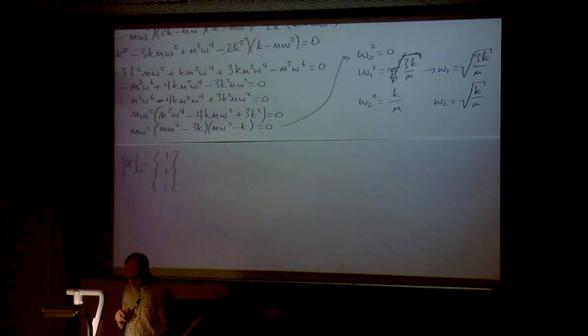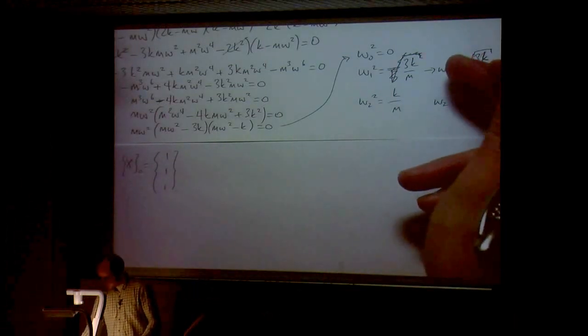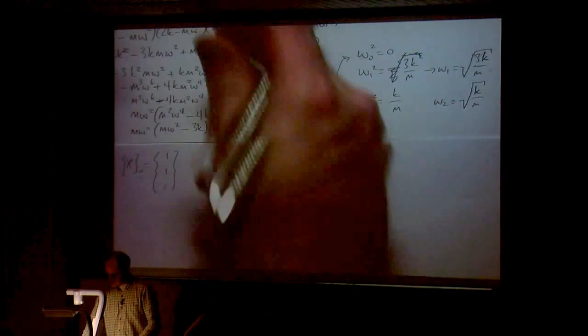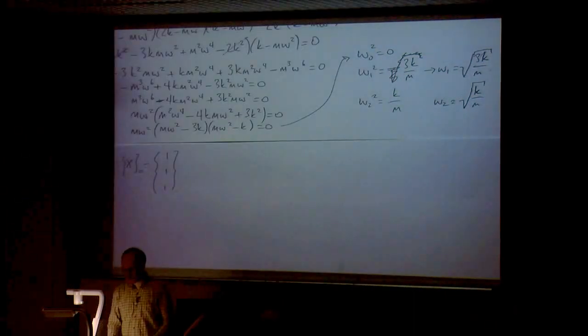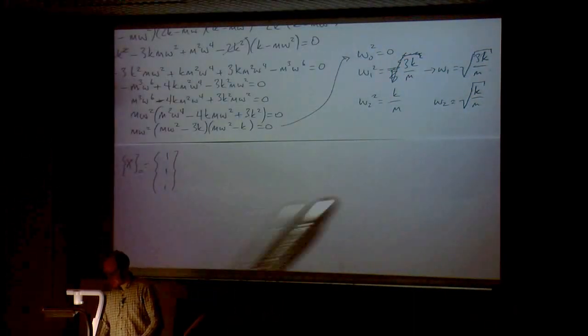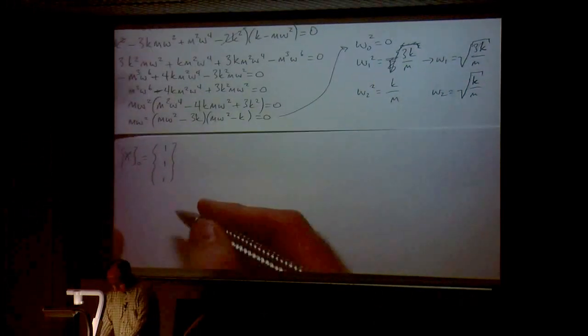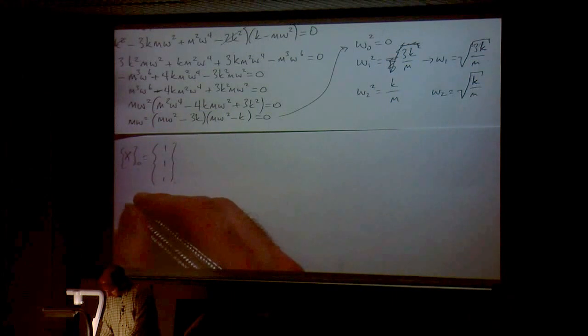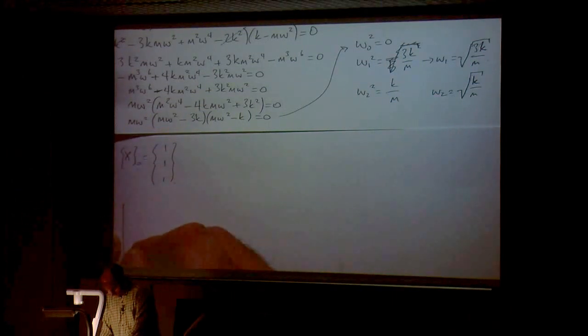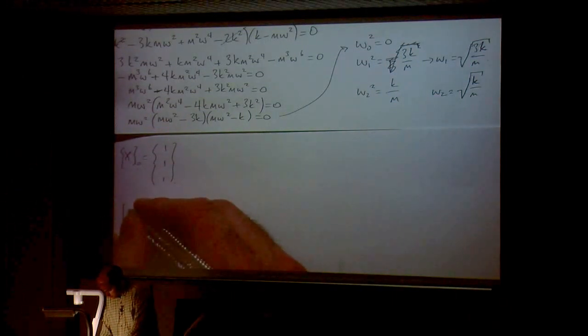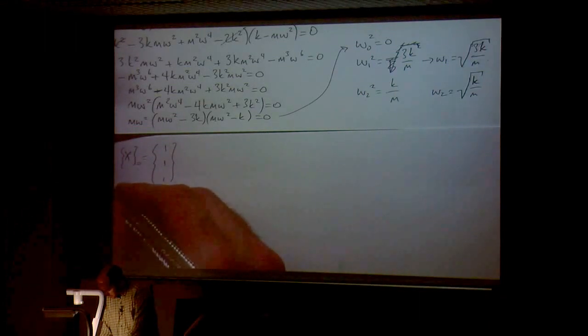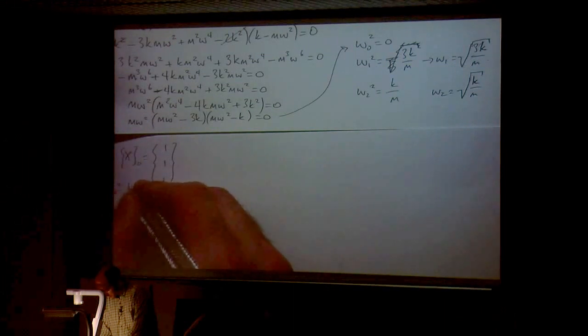So to find mode 1 and mode 2, or the modes when we've got omega 1 and omega 2, obviously we need to use this mechanical impedance matrix, which is up here, and we plug in omega 1 and omega 2 and we find the values. So let's do that. So here's our mechanical impedance matrix. And we'll deal with omega squared is k upon m.